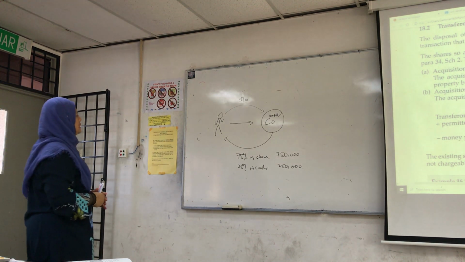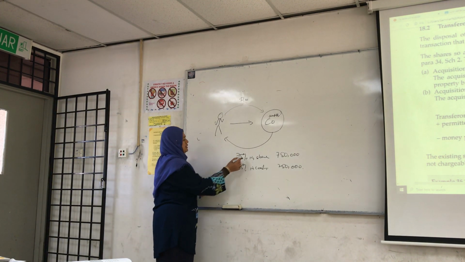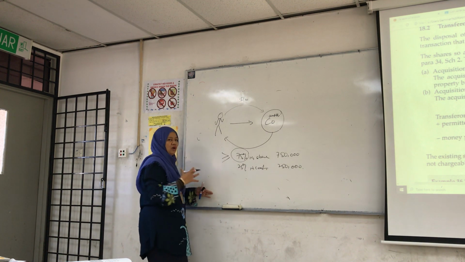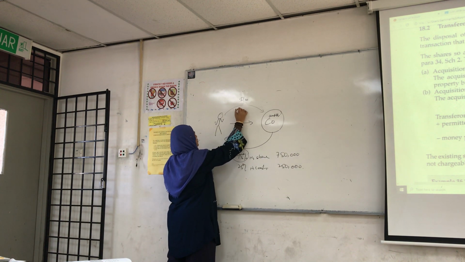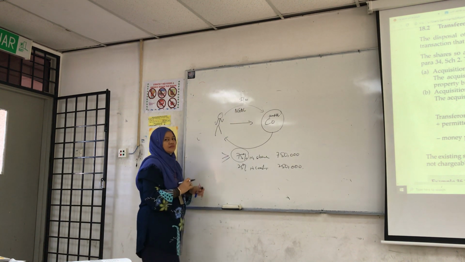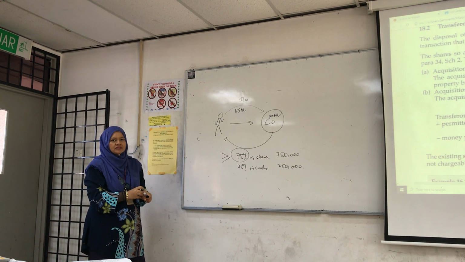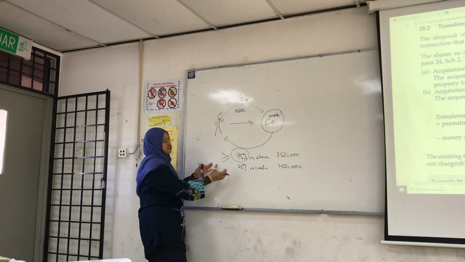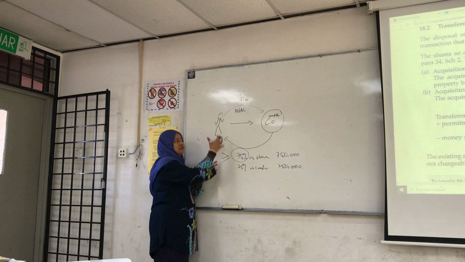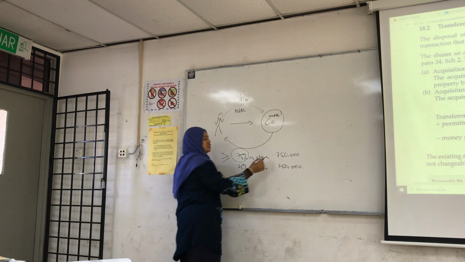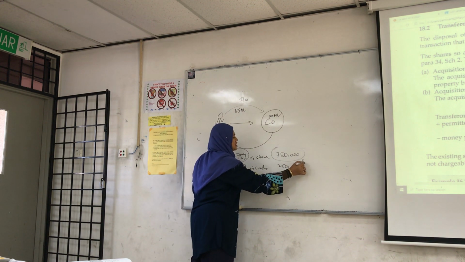So what happens is that, if the consideration is at least 70% or more in shares, to this individual it is a no gain, no loss, meaning that individual doesn't have to pay any tax on the disposal. But the shares that he gets here, because 70% of the consideration is made up of shares, these shares, later, are what we call RPC shares.